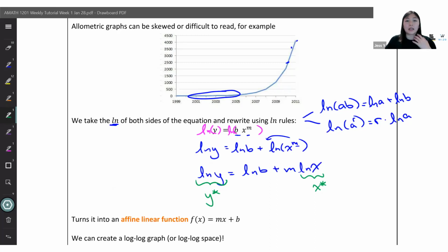Okay, so again, recap before we look at some further graphs. When you have two relations, y equals bx and y equals bx to the m, our whole goal is we want to turn these into graphs that we can zoom in and see what's happening. y equals bx to the m looks like this.